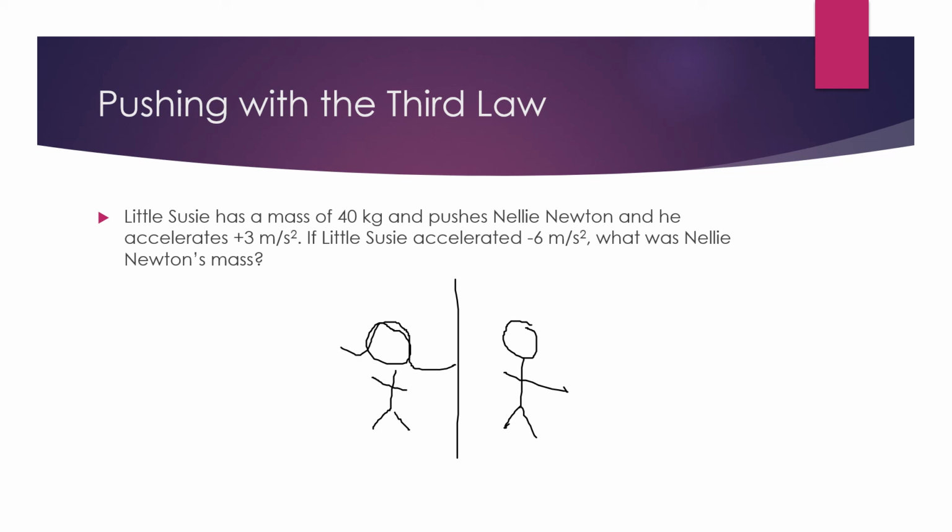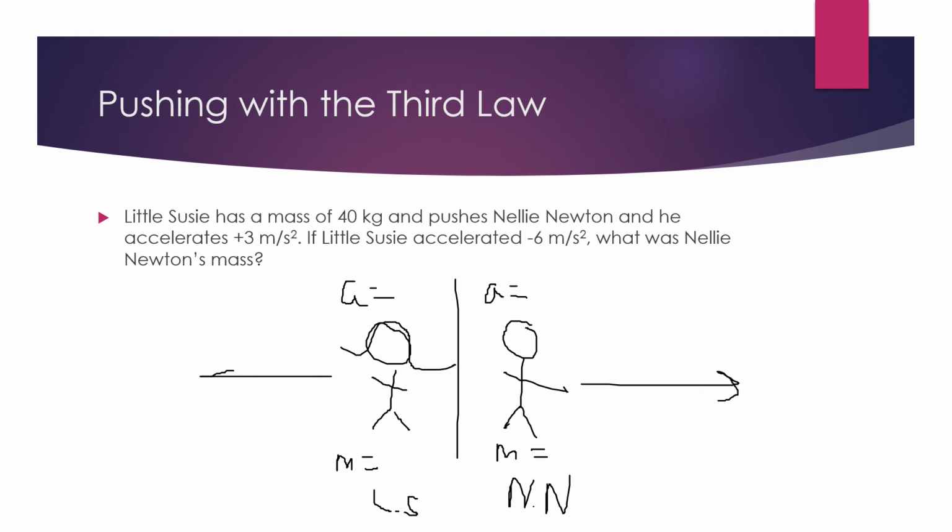Now draw your generic chart: mass, acceleration, mass, arrow this way, arrow this way. Let's see what we can fill in.